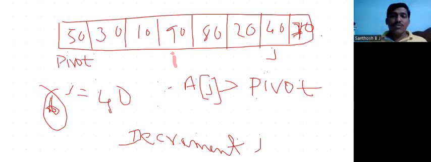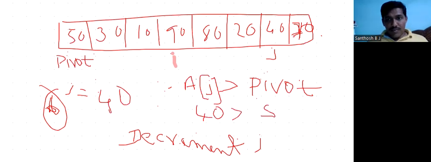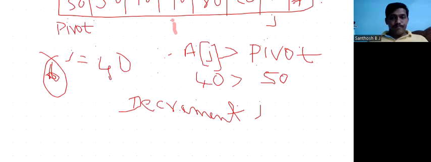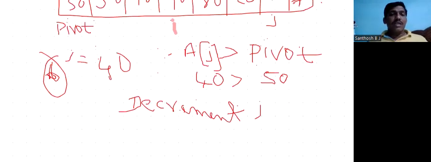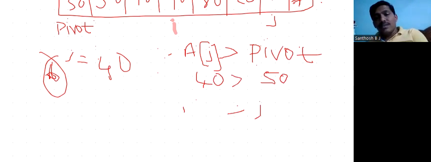The value of J is 40 and the value of pivot is 50. So check, is 40 greater than 50? No, 40 is less than 50. So the condition is false here.